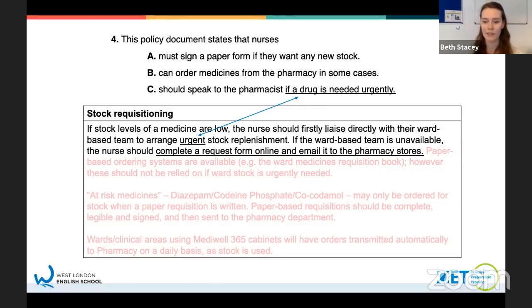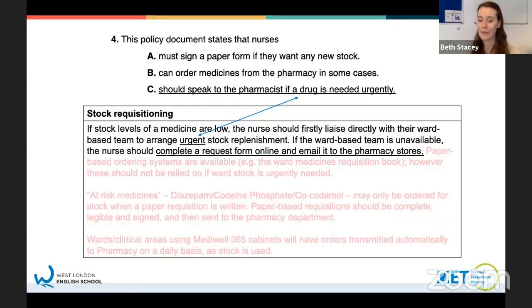And it then goes on to say that if the ward-based team is unavailable, the nurse should complete a request form online and email it to the pharmacy. Now, remember that option C is should speak to the pharmacist if a drug is needed urgently. And what it actually says is to arrange urgent stock replenishment, they should first liaise, so firstly speak or firstly contact directly the ward-based team.